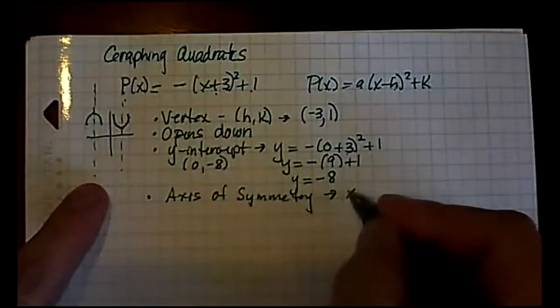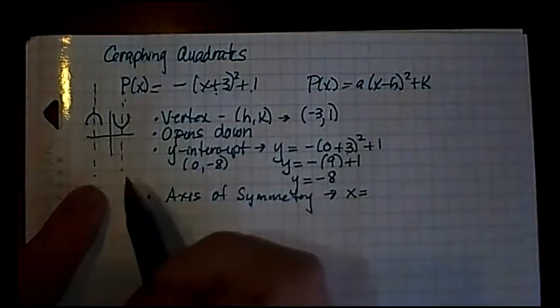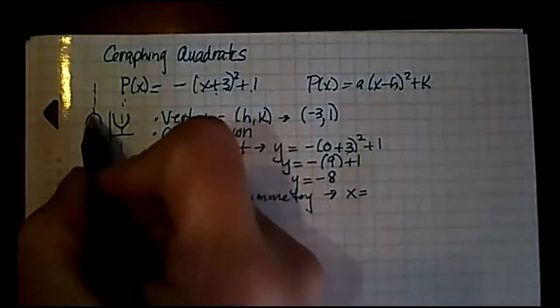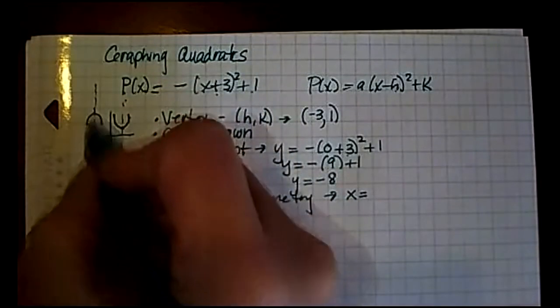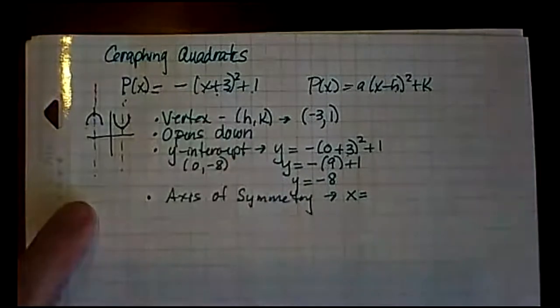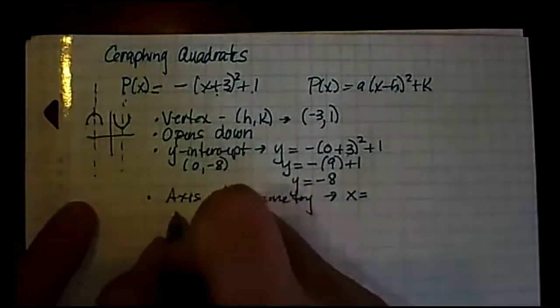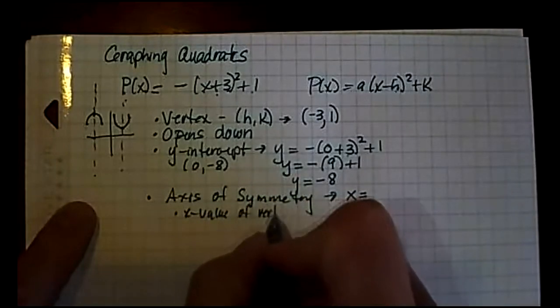Because it's a vertical line, it's always going to be an x equals when we're working with these functions. It's going to go through your vertex, so it goes through the x value of your vertex.